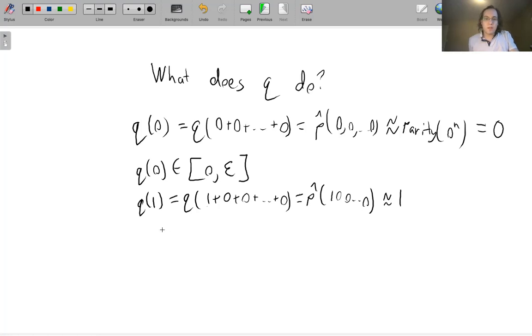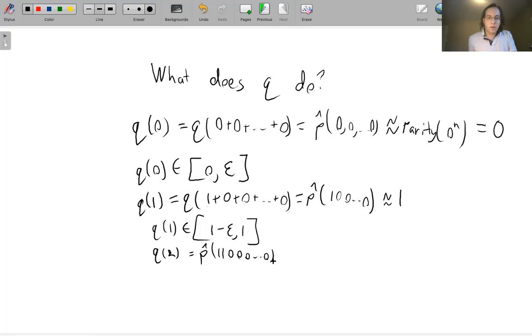So Q of 1 is in 1 minus epsilon to 1, because P hat has to output something within epsilon of the parity function applied to the string, and also something between 0 and 1. And Q of 2 is P hat of 1, 1, 0, 0, 0, 0. The parity of the string is 0, so this is in 0 to epsilon again.